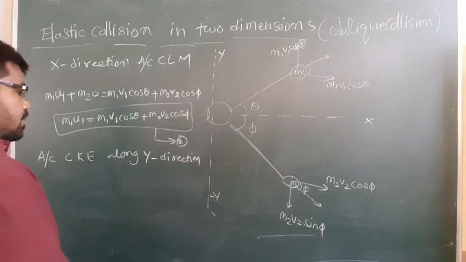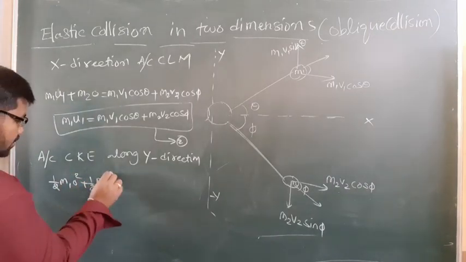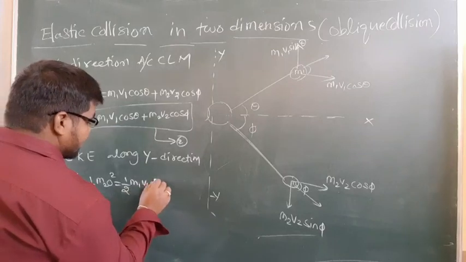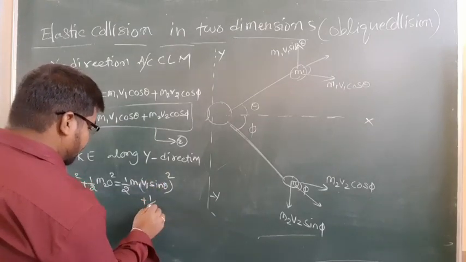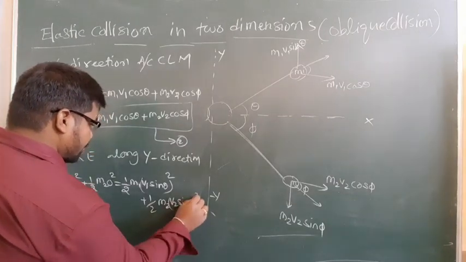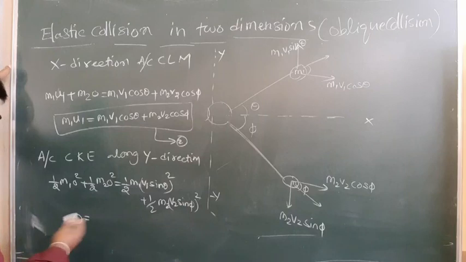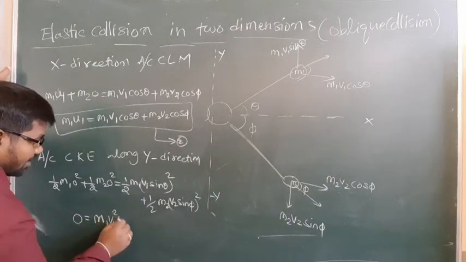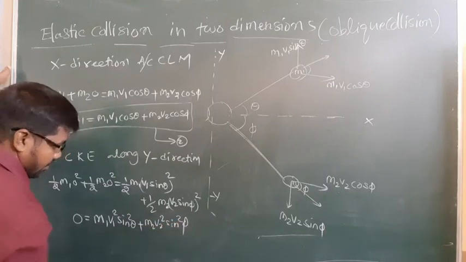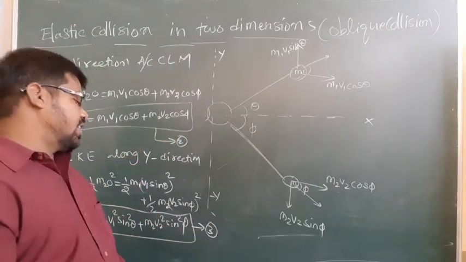So 1 by 2 m1 times 0 squared plus 1 by 2 m2 times 0 squared is equal to 1 by 2 m1 (v1 sin theta) whole squared plus 1 by 2 m2 (v2 sin phi) whole squared. Rearranging, 0 is equal to 1 by 2 times m1 v1 squared sin squared theta plus m2 v2 squared sin squared phi. This is equation 3.